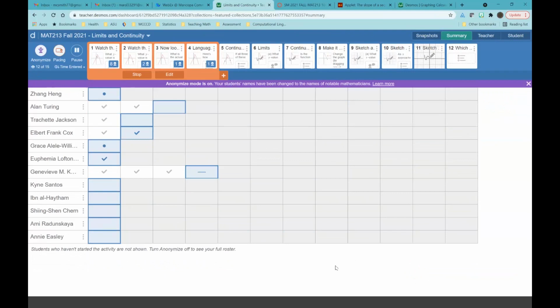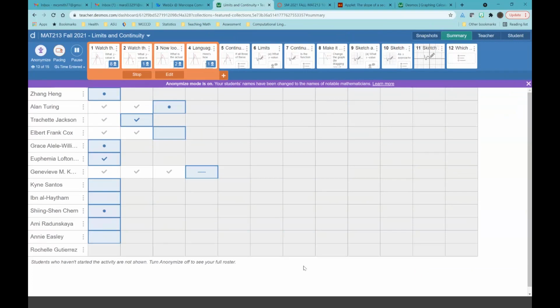So the activity again is simply showing you a function with limits. There's only 4 slides in it. So try to take a look at it, and work through the slides.